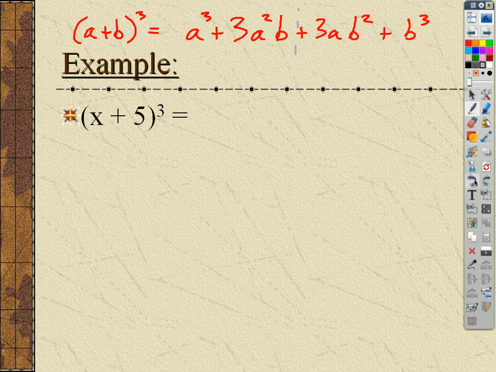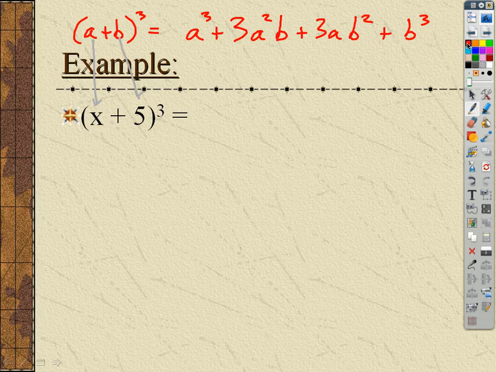Okay, so if we apply that formula to this expression here, a is the x, b is the 5, plug them in.